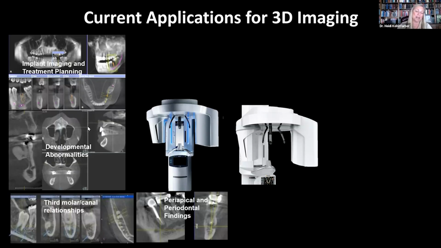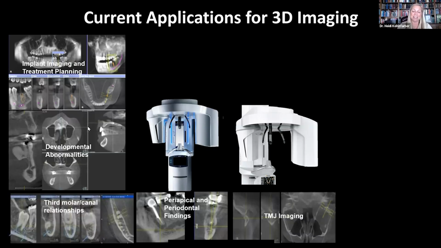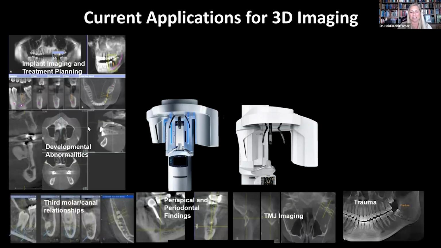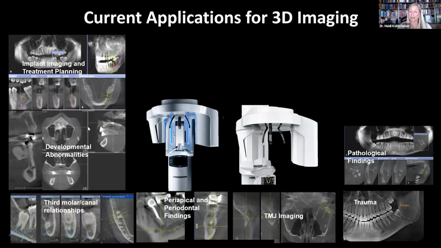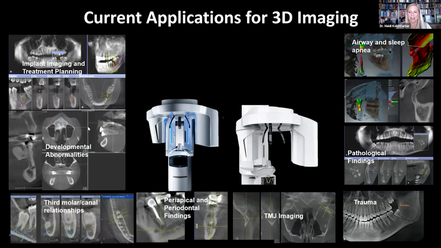So our periapical and periodontal findings we'll definitely talk about. TMJ imaging, great area for that. We can see trauma really, really well. You can see your fracture lines very well. Pathological findings: yes, you may not see pathology in your practice, but pathology will see you, and we definitely want to make sure that we identify that.